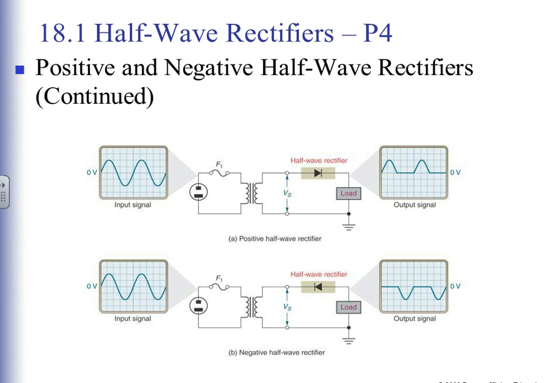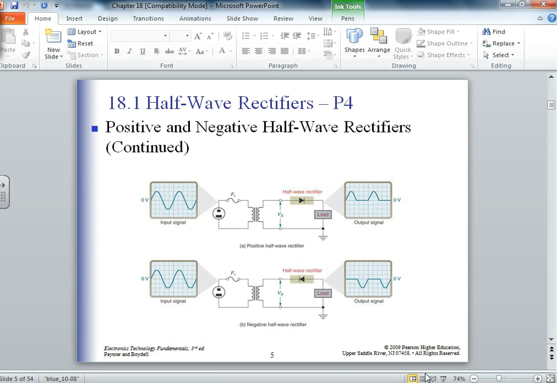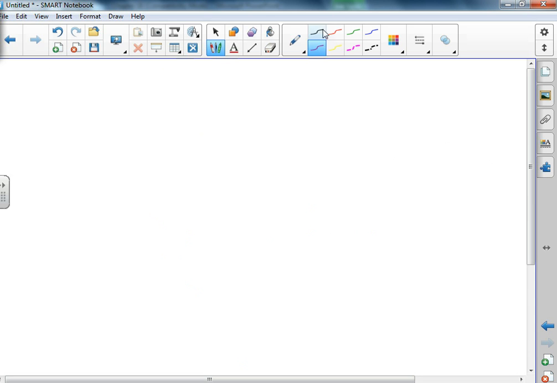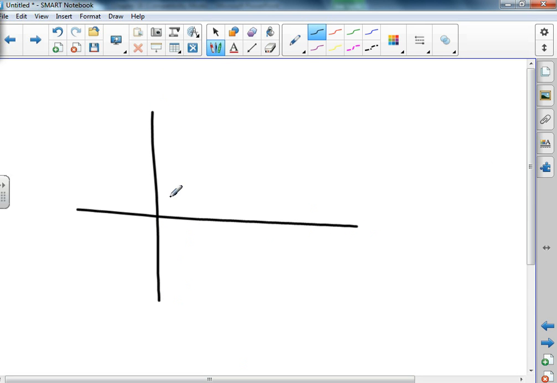Now, in either event, I'm throwing away 0.7 volts of the voltage, right? Because if I put the output signal on top of the input signal, I would see that my input signal looks like this, and my output signal is 0.7 volts away from it.